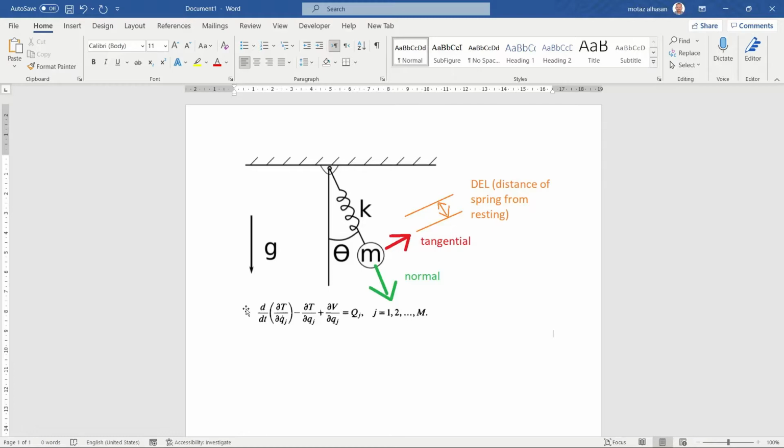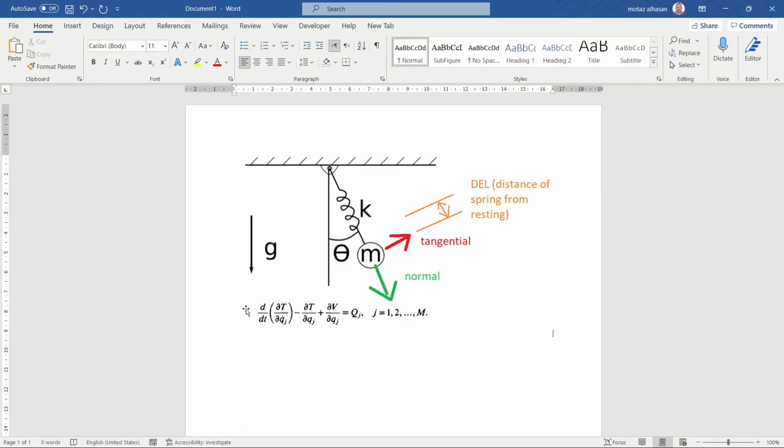And it makes solving for the equations much simpler. So basically the basic form: q is the generalized coordinate, and the subscript j is 1, 2, 3 to m. In this case, j goes up to 2. So we'll have two equations of motion based on the two generalized coordinates, the normal and tangential.